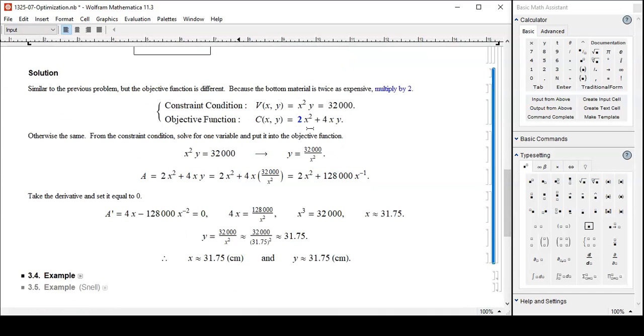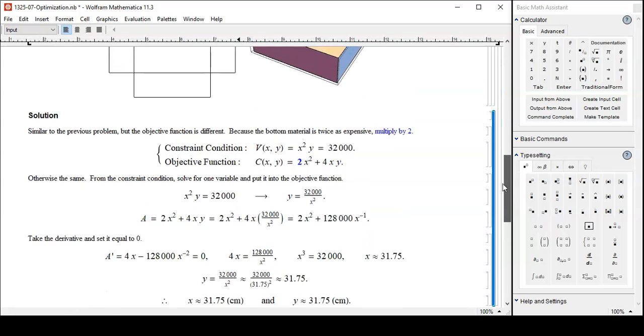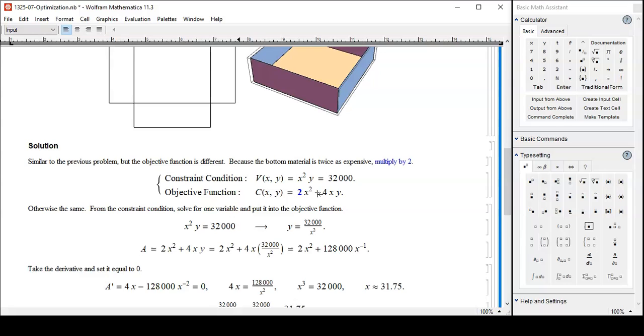You have to multiply by 2. The 4 side panels here are the same, but the square part, the bottom part, is twice as expensive as the other part, so multiply by 2. If the bottom part had been, say, 5 times as expensive, then you have to multiply by 5.